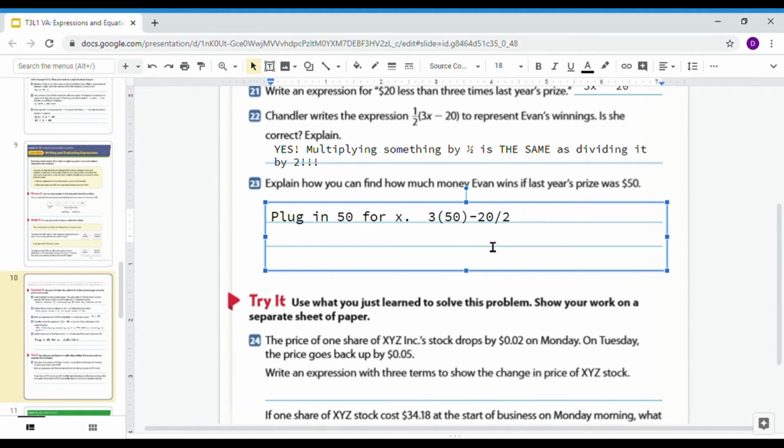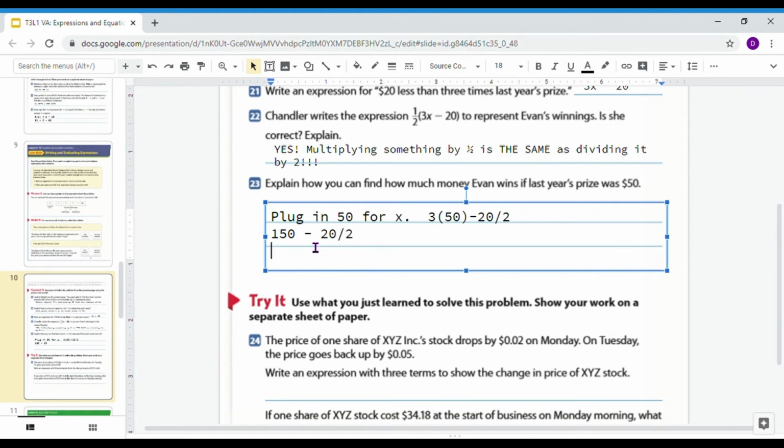I need to think in my head of order of operations. The first thing I'm going to do is the parentheses, and 3 times 50 is 150. So 150 minus 20, and then the whole thing is divided by 2.